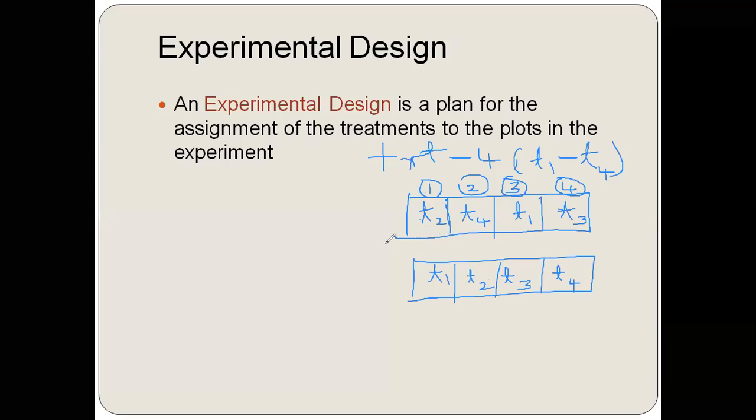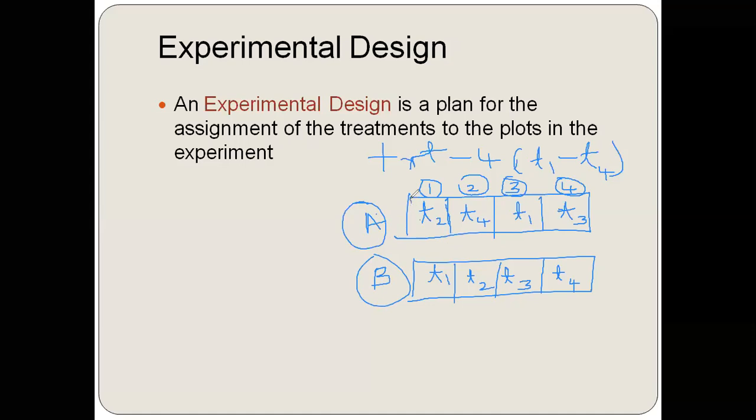Can you tell me where you can see the real randomization occur? Whether it is in situation A or situation B, where the randomization really happens.